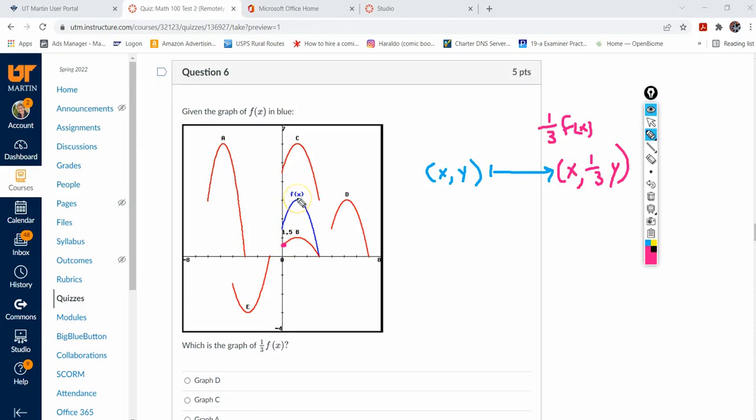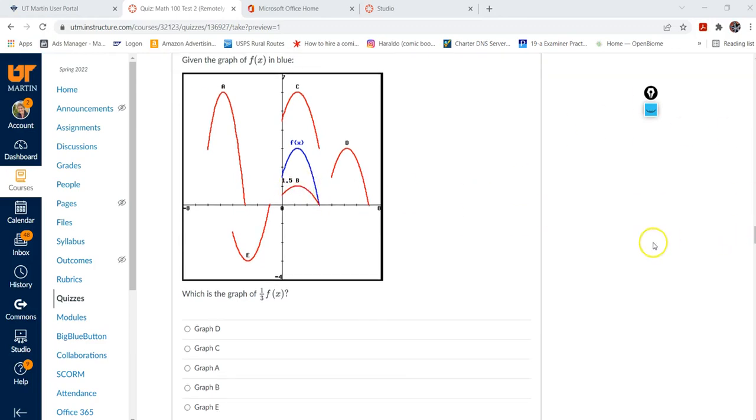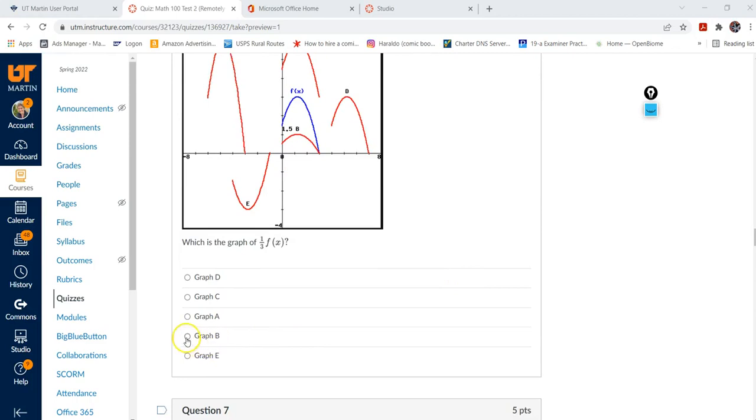Here I've got the point where the y coordinate is 3, and the new point, well, the x coordinate will not change, but the y coordinate will be 1/3 times 3, which is down here. So it's going to be this one, which is labeled B. So that's the graph that we want. We want the graph of B.